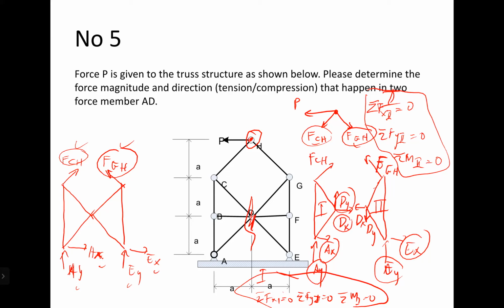Yeah, but I don't know why you find DX, DY for. DX, DY, like it or not, we have to find it. It's actually the force which is happening because we release the left system and the right system.